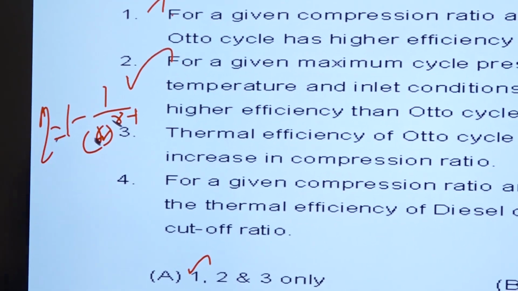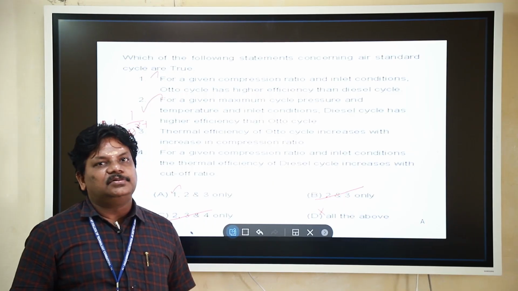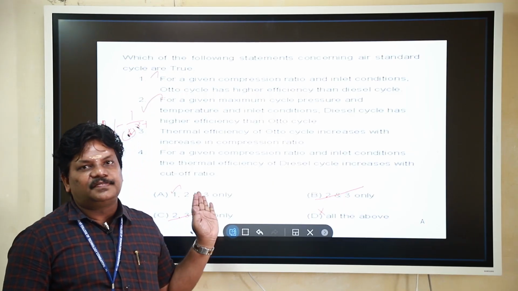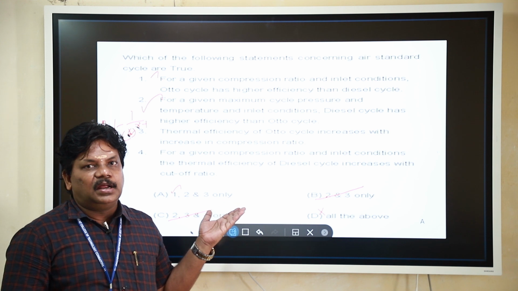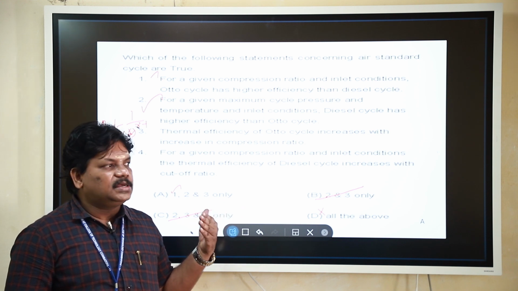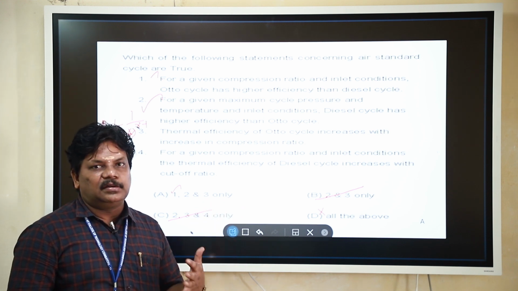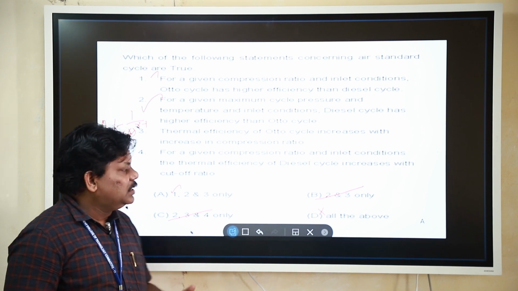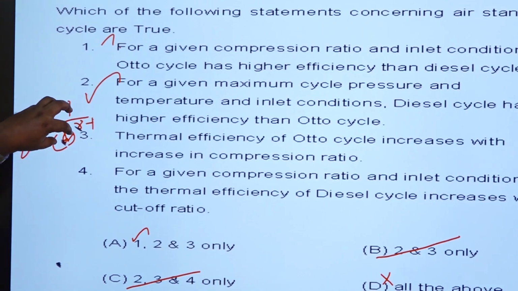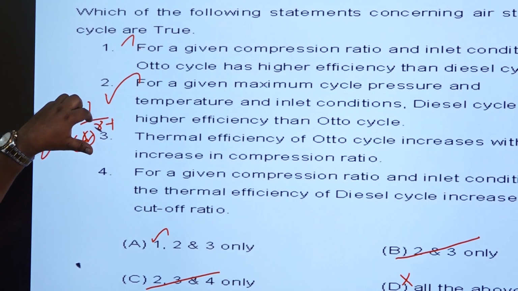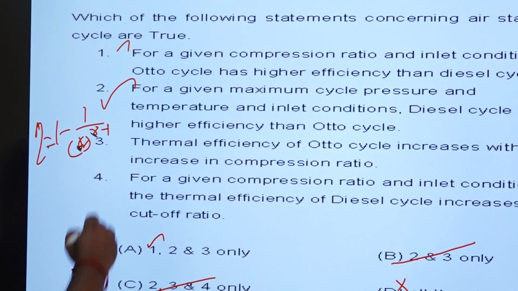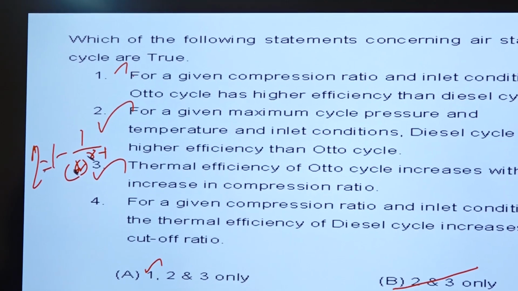But due to practical difficulties, we may not be able to increase the value of r and gamma beyond 12 or 10, because we go for those knocking conditions. In order to avoid that, the increase of r and gamma is limited. So statement 3 is also right.